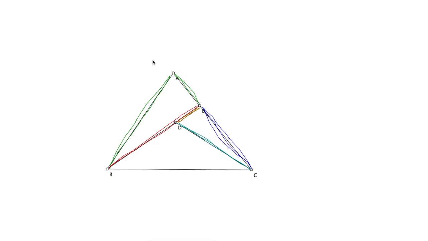The second part, however, is to go back and look at the angles. Because remember, we want to prove that the angle at D is larger than the angle at A. That's what we want to prove. So how do we go about proving this? Well, if we start with the angle D, we can make some interesting observations.